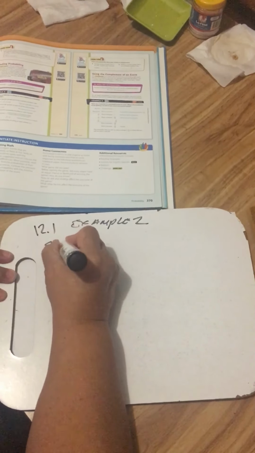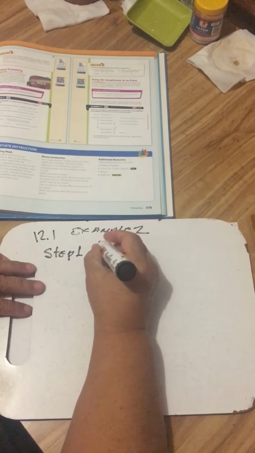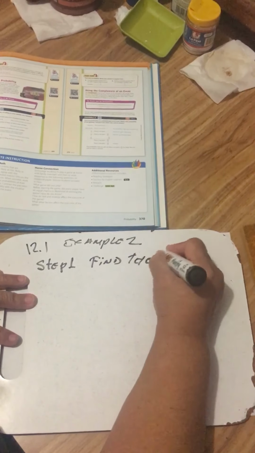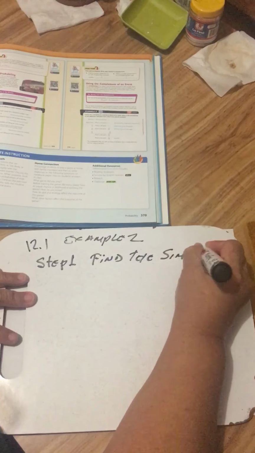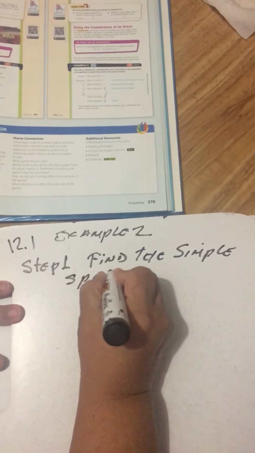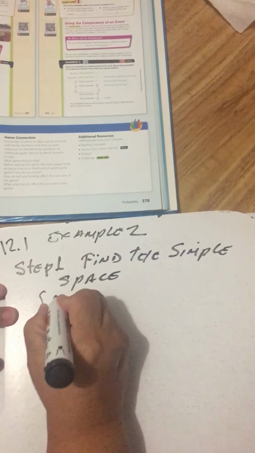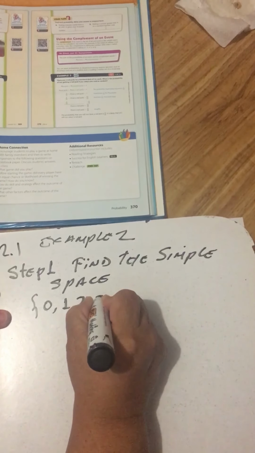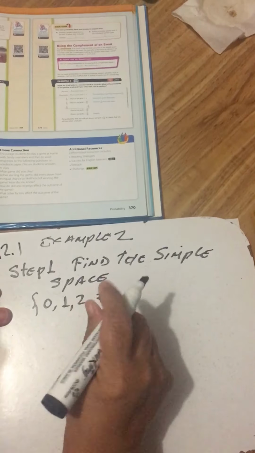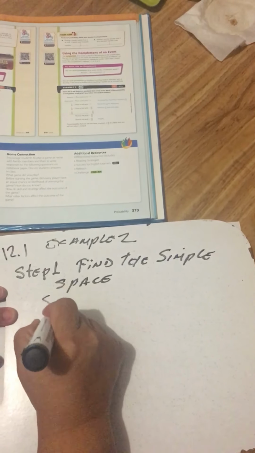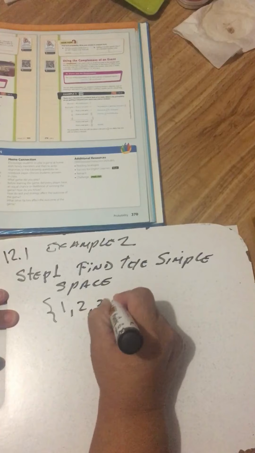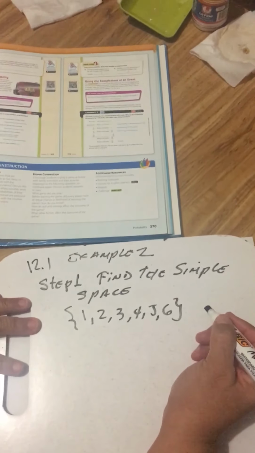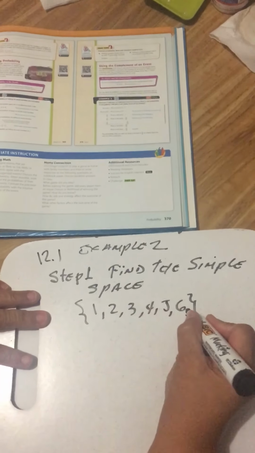Step 1. Find the sample space. The faces are 1, 2, 3, 4, 5, and 6, so there are 6 possible outcomes.